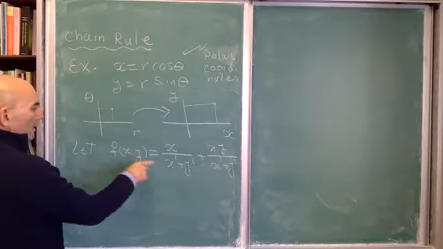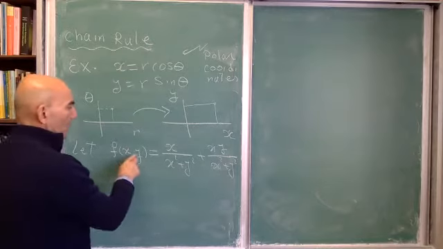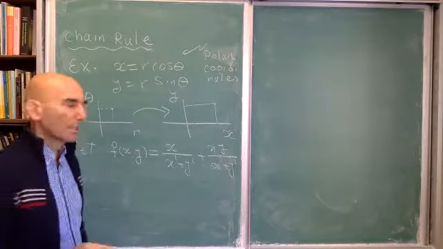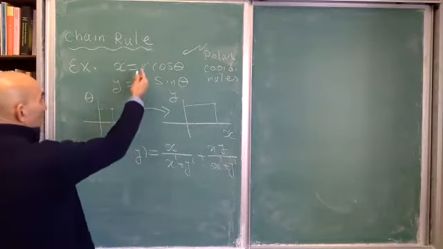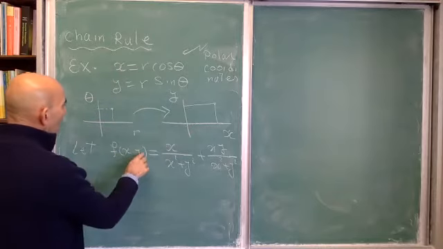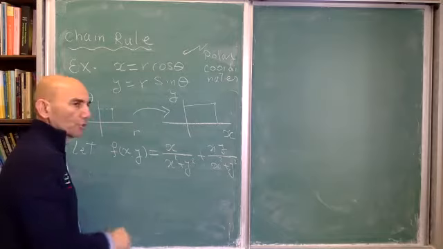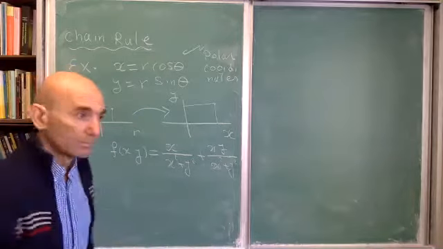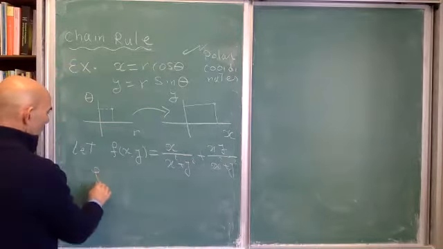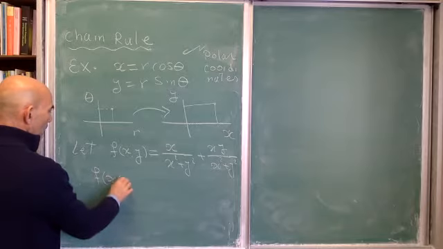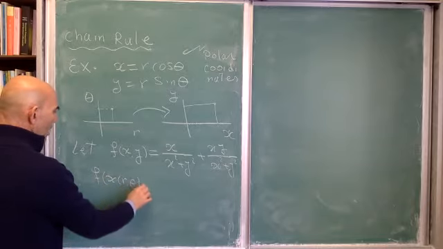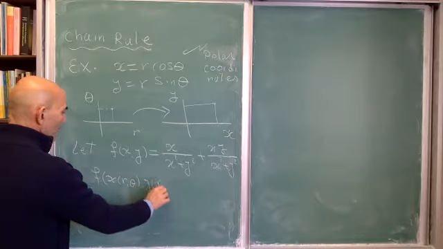So as you look at it, it's a function of two variables, x and y, right? So we can replace x and y by r and theta, and then f becomes a function of r and theta. So this would be f of x of r and theta and y of r and theta.